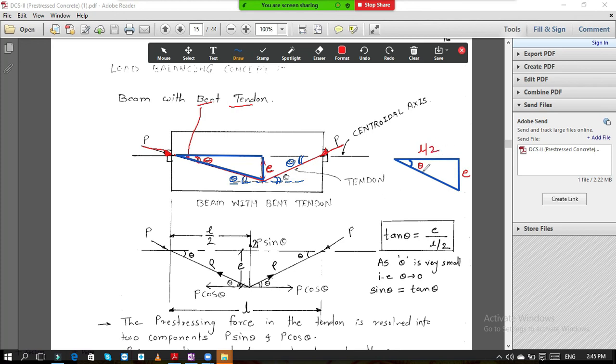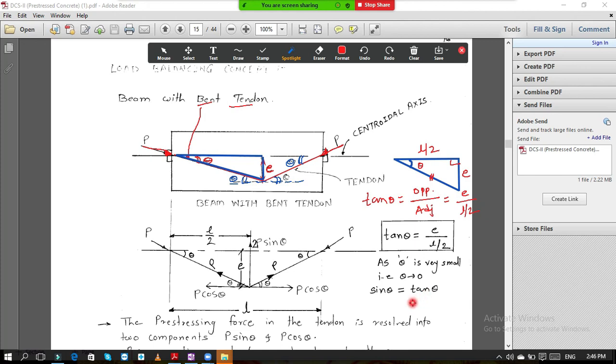Now see, if you use tan theta over here, what is the formula? It is opposite side divided by adjacent side. What is your opposite side? The opposite side is E. This is 90 degrees, so this will become your hypotenuse, and your adjacent side is L by 2. So tan theta is E divided by L by 2. As theta is very small, theta tends to 0, sin theta is nearly equal to tan theta. It is very true.